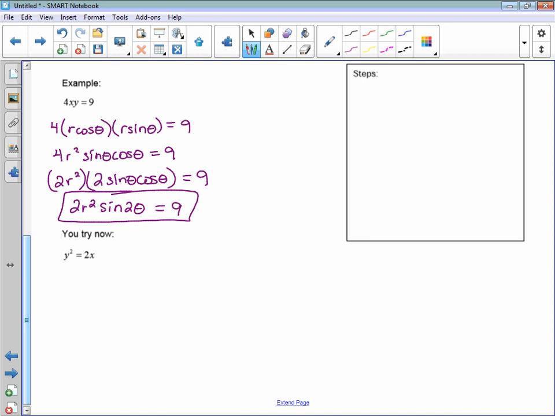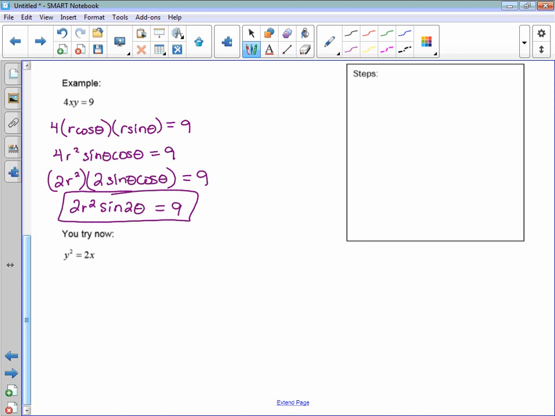Do you guys see it? 2 sine cosine? Yeah, that looks great. That's the double angle formula. Sometimes not necessarily. You can't divide by sine, right?